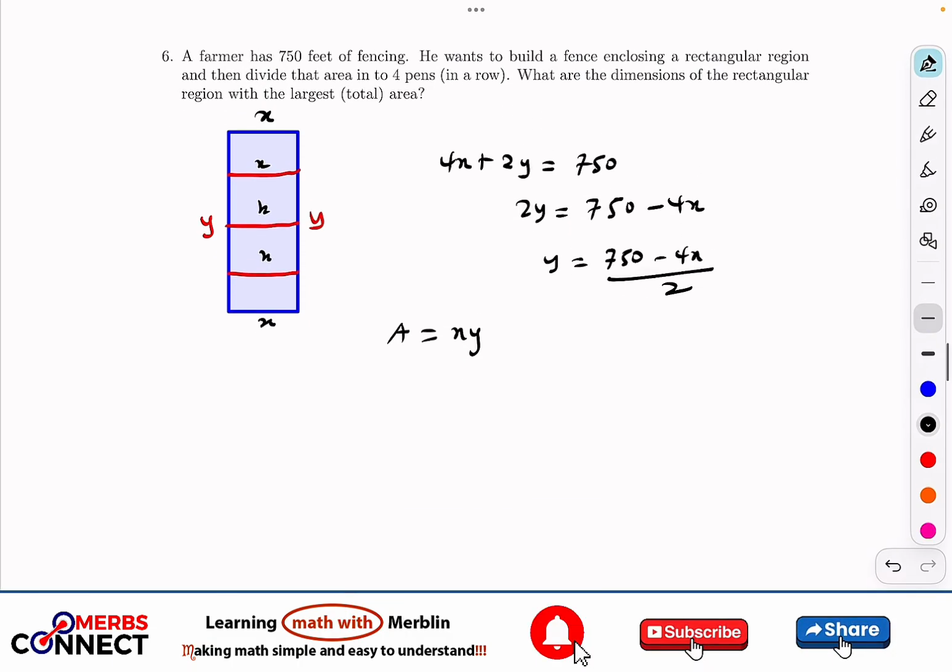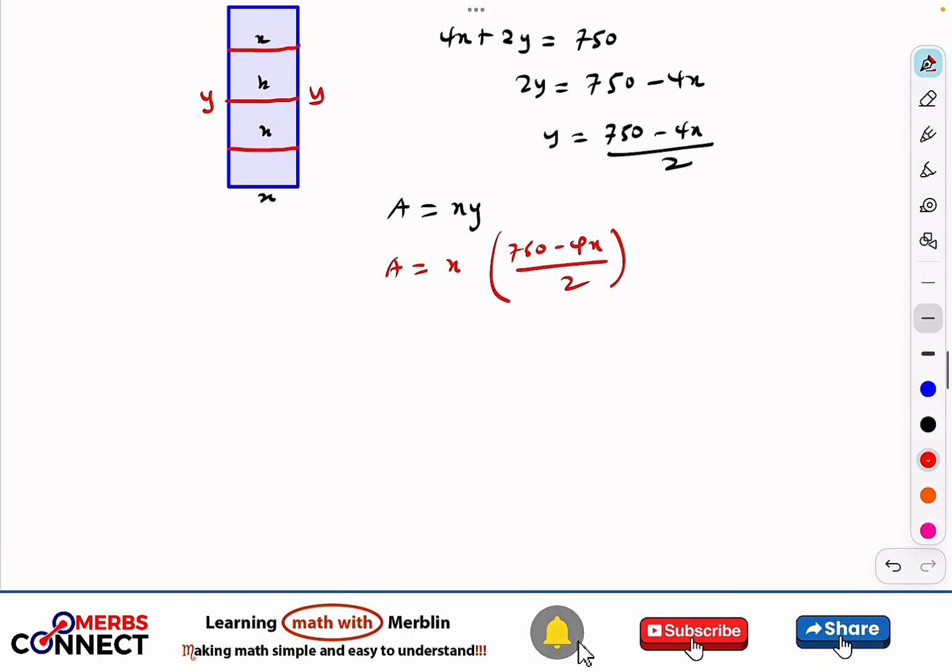So let's do substitution here. Now our area is x times 750 minus 4x divided by 2, and this is the same as 750x minus 4x squared divided by 2. So this should be the area.